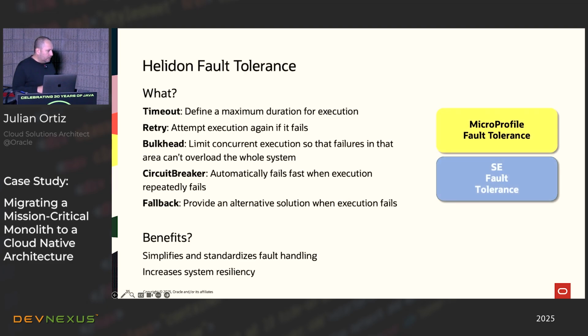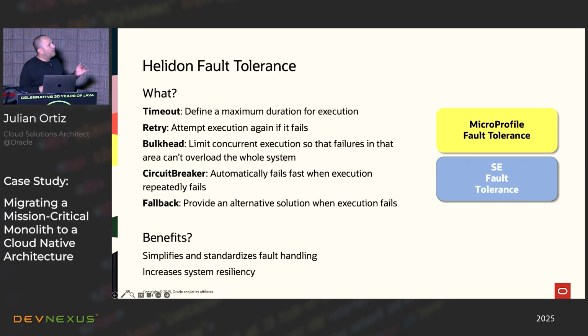So fault tolerance. I'm going to stop here a little bit and talk a little bit about fault tolerance, mainly because we understand, or some of you, or maybe all of you understand, what are the implications of having an application that is fault tolerant. But really, at the end of the day, what's fault tolerance?